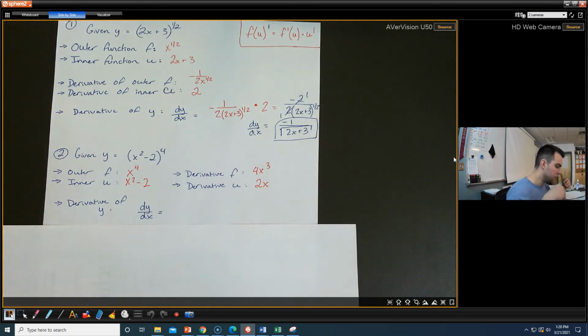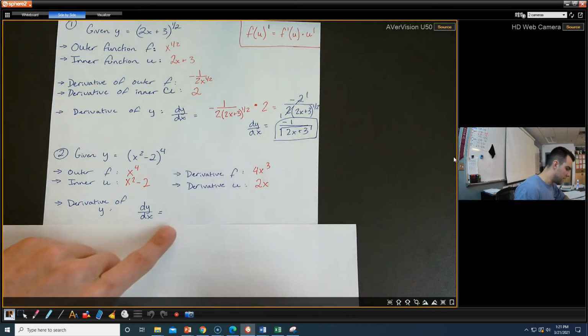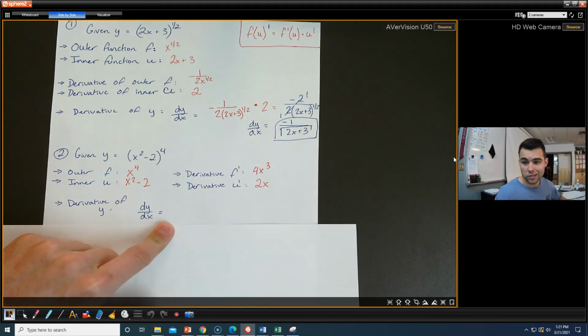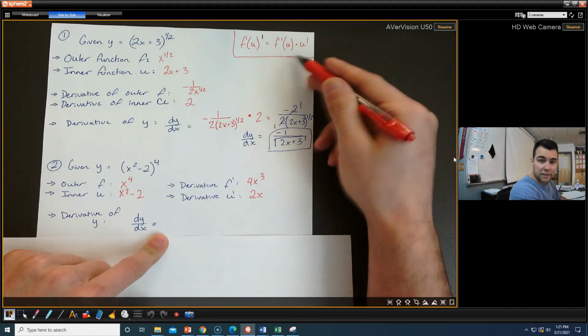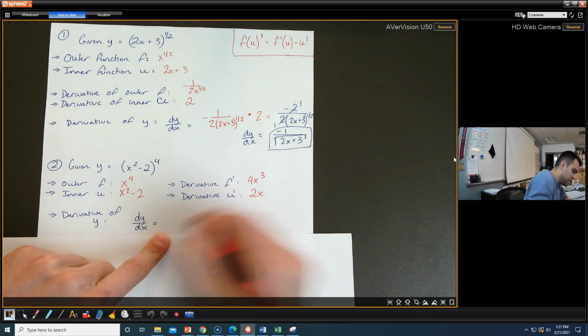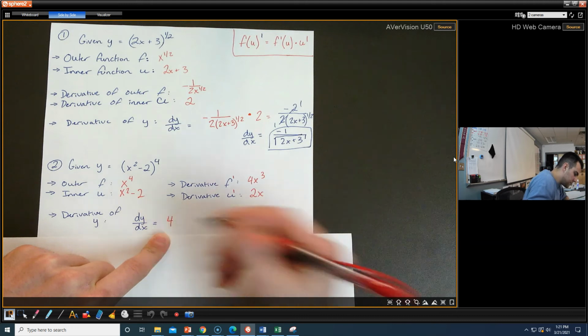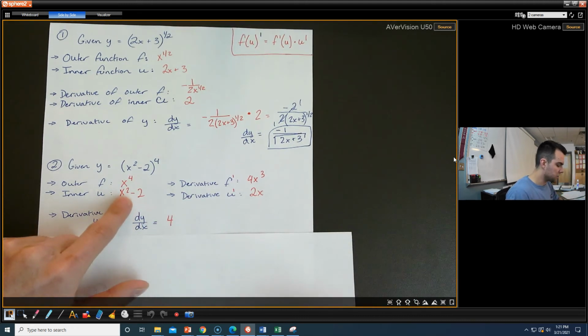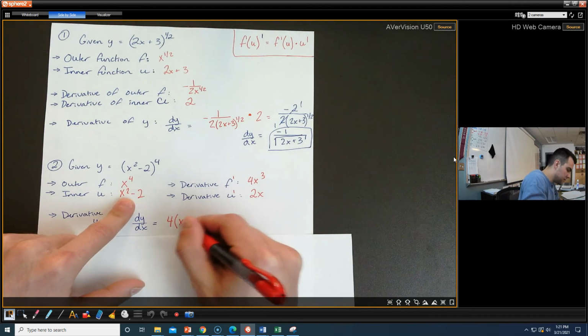So now putting this all together, again, using our chain rule, I'm going to take the derivative of my outer function, my f prime of u. I guess I'll call these prime to make them a little bit more like this up here. f prime of u is 4x cubed, but instead of x, I'm going to plug in my inner u. So that was that x squared minus 2.